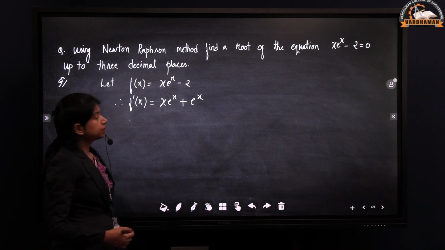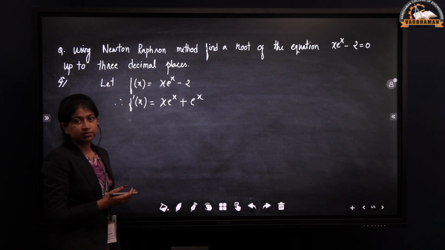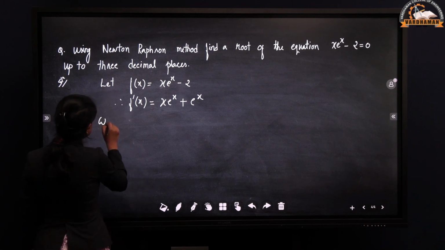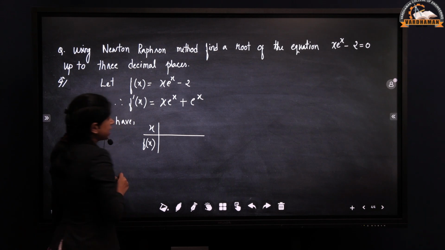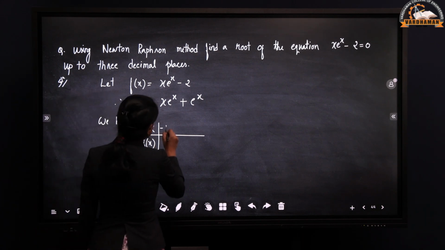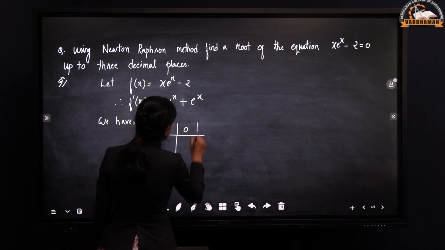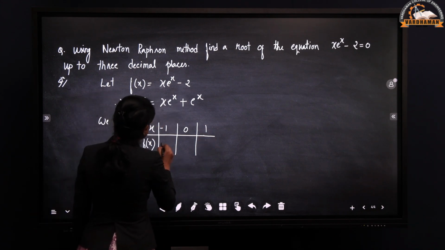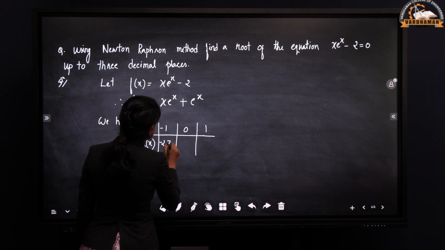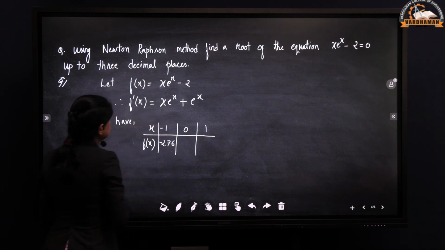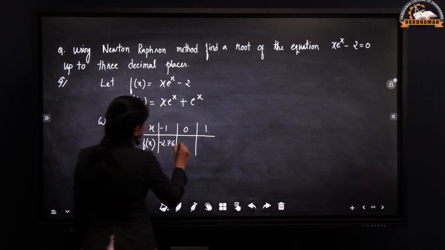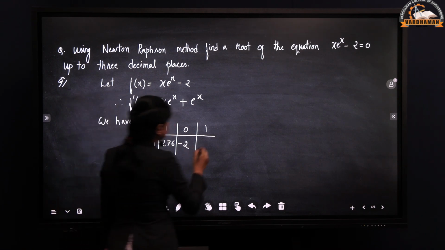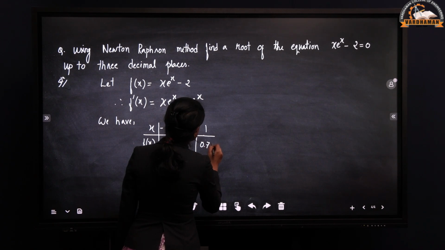So for that we need to make one table. We need to take some x values for which we need to find the f(x) values. So we have x and f(x). The x values we will be taking as -1, 0 and 1. If it is -1, then f(x) will be -2.76. If it is 0, then it will be -2, and if it is 1, then it will be 0.71.